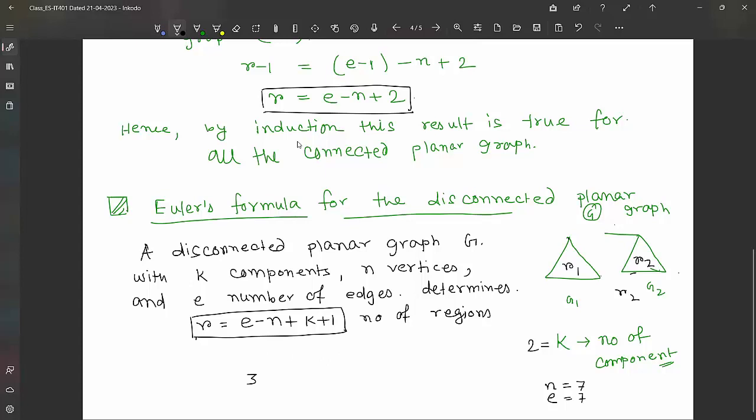Okay, and there are several usages of these two theorems, and also one corollary of this first theorem, which is also important. Corollary means the deduction from the theorem, and the corollary statement is that in any simple connected planar graph.